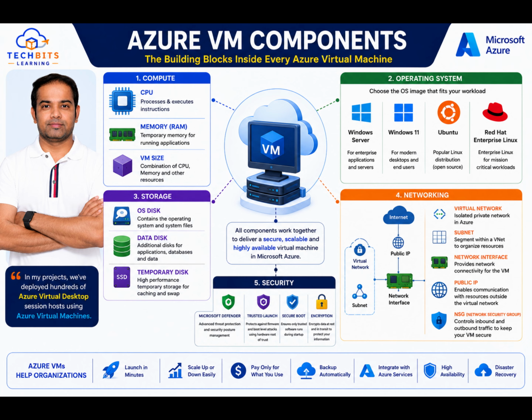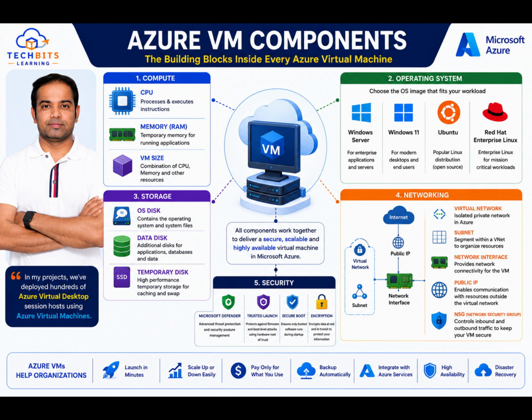Operating system has Windows Server, Windows 11, Ubuntu, Red Hat Enterprise Linux. You can choose OS image that fits your workload. Storage has OS disk, data disk, and temporary disk.